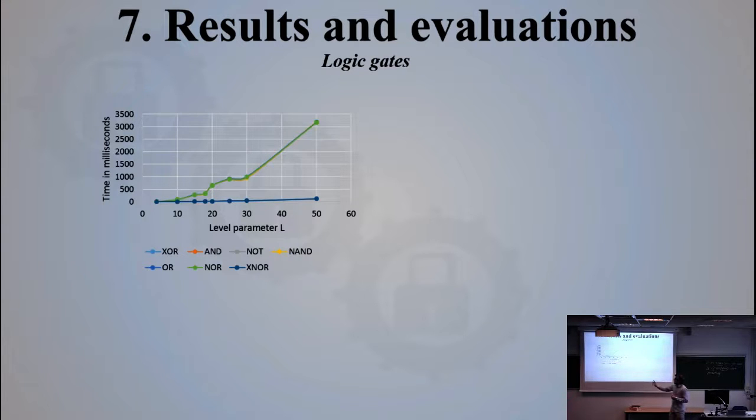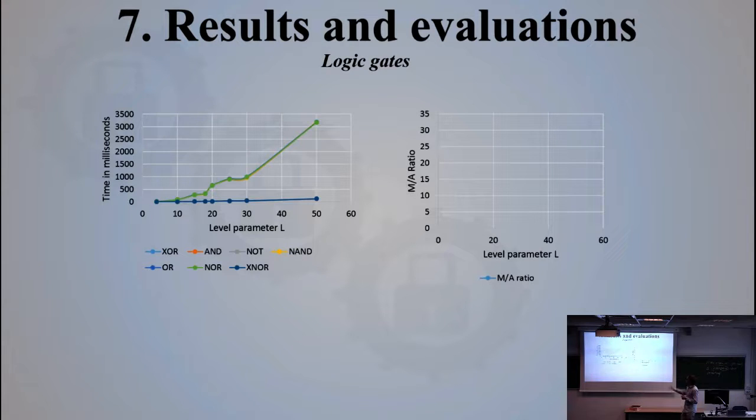As you can see, the one using a multiplication operation requires a lot more time because of the noise, again, because the noise grows very quickly, so you have to compensate with a higher level parameter, so it will require more time. On the other hand, gates using only the addition, such as the NOT gates, require barely any time to execute.